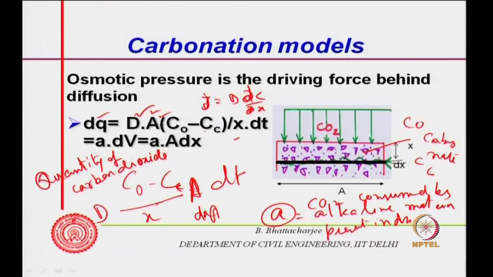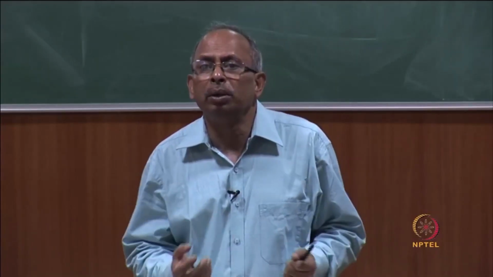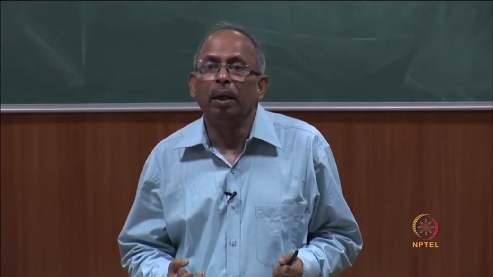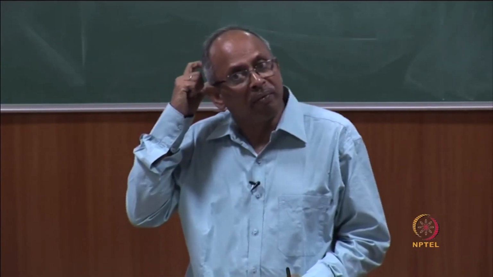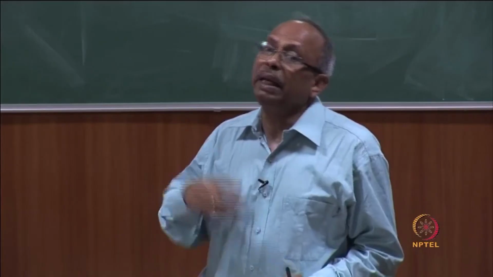So, A into dV, that is A into A dx, this must be equal to dq. So, dq is the quantity that comes in dt time, and it is all consumed, right. So, the alkaline material present multiplied by the stoichiometric factor will give you the carbon dioxide that can be consumed.